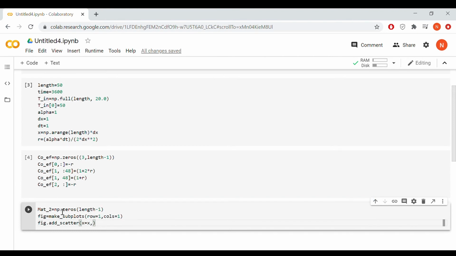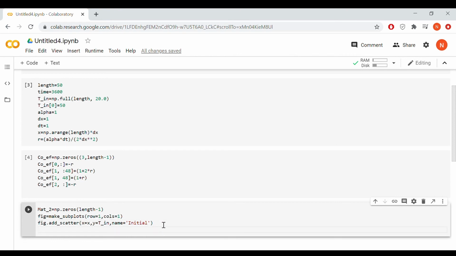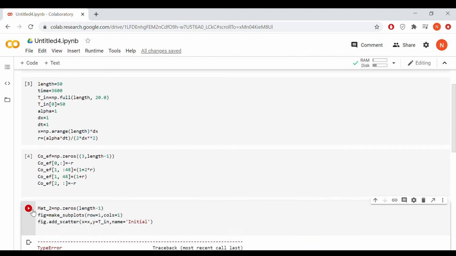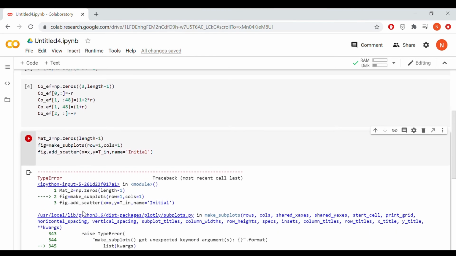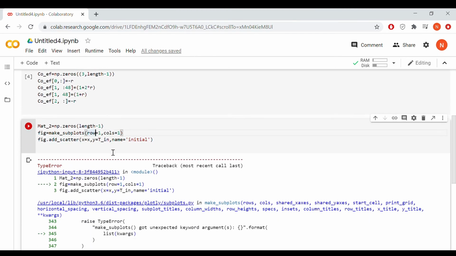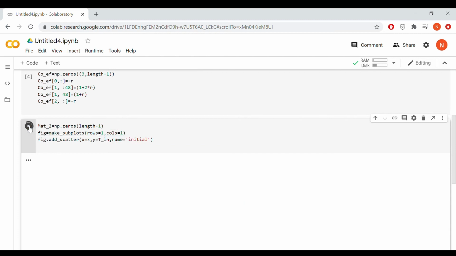We'll have y equal to the initial temperatures, and then the name will be initial. Rows. So I was missing the S, that's why.